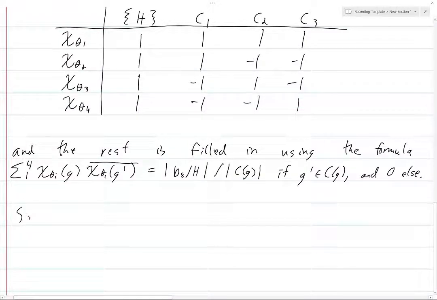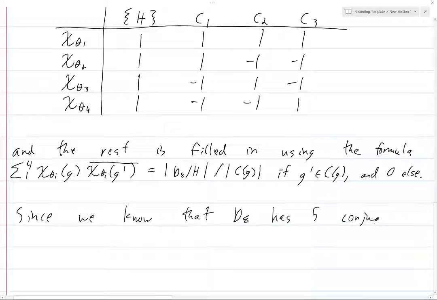And now, since we know that D8 has 5 conjugacy classes, we can inflate the above table.